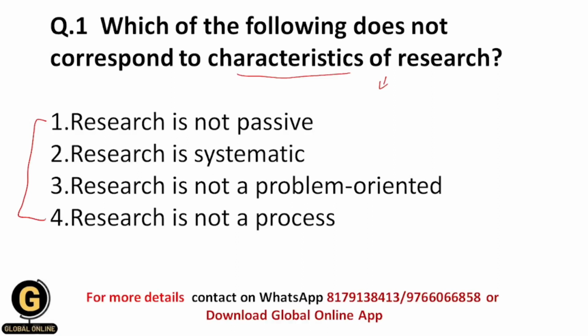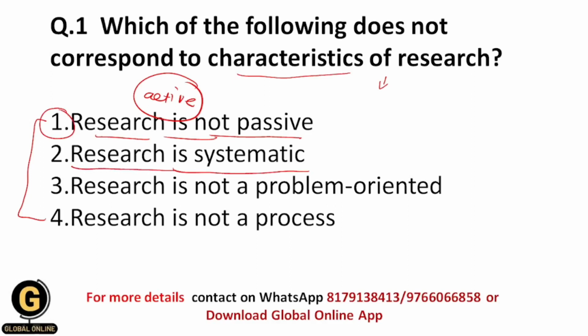Research is critical and systematic. Let us see the options. First, research is not passive. That means research is active, based on evidence. It is original, not copy paste from any theory. So research is active, and this is one of the characteristics of research.